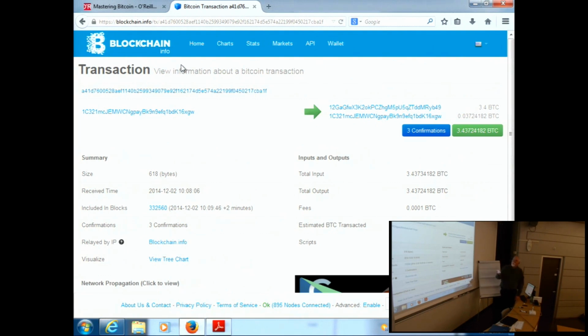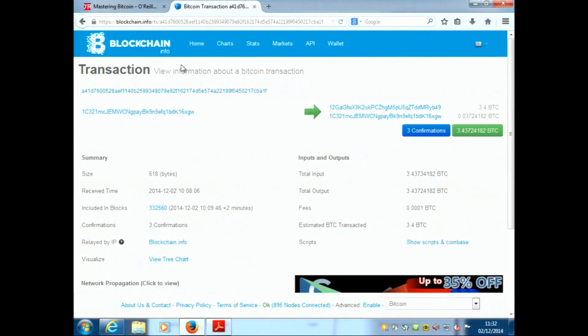I'm sending 3.4 Bitcoins to this address, and I'm also getting some money back. This is my change, because it's going back to the same address that sent it. Now, this address includes, guess what, a hash of a public key.